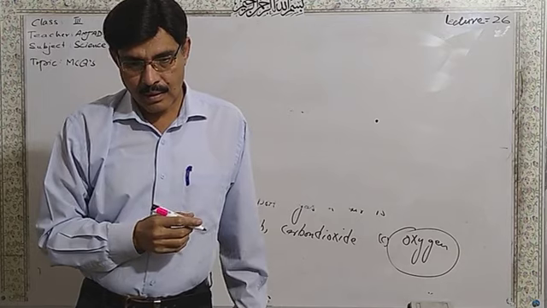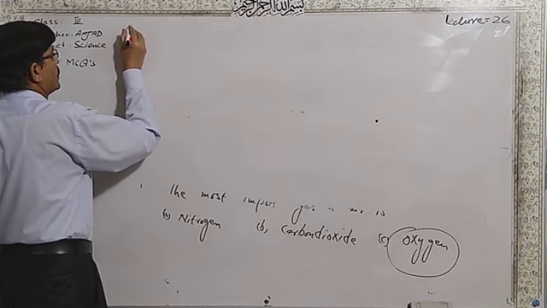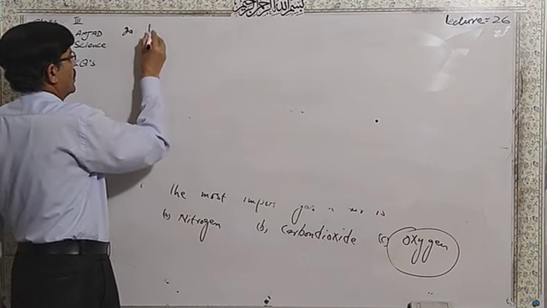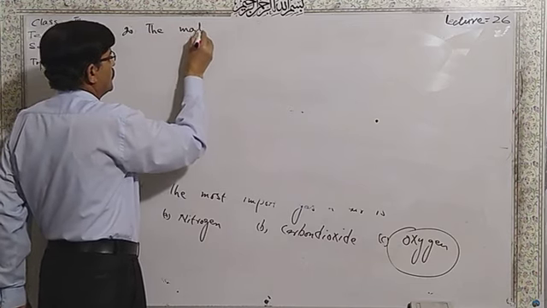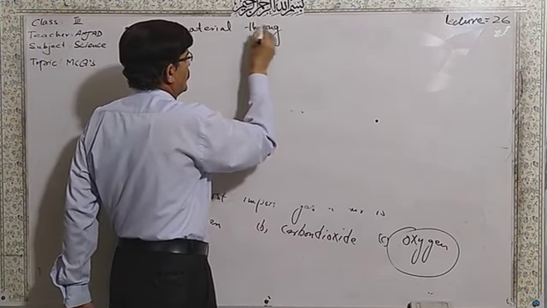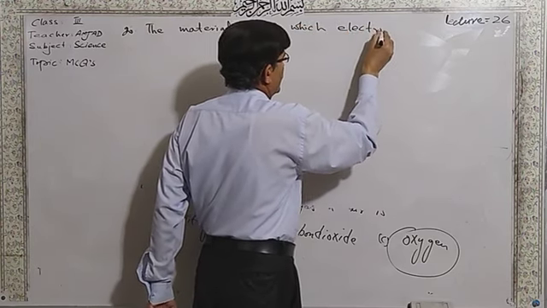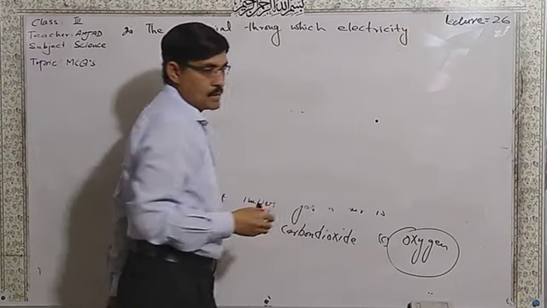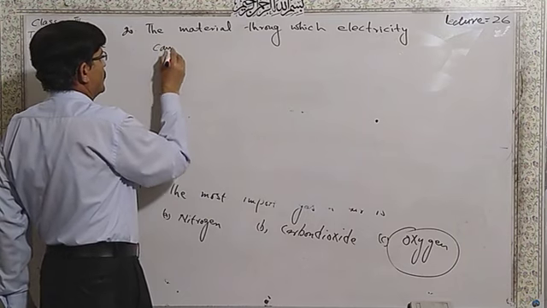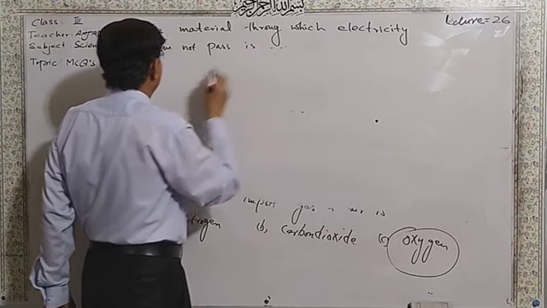Next one, number 20. The material through which electricity cannot pass is called what?